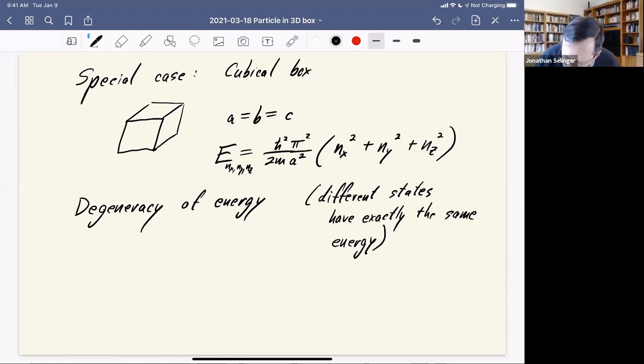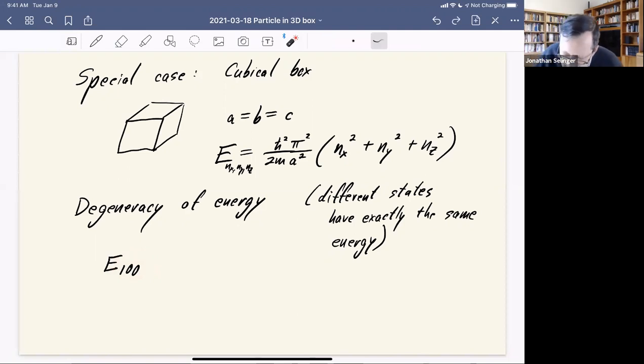Let's think about the energy for state 1, 0, 0. Here I'm going to make up a notation where I have 3 numbers in the subscript. So this is not 100, this is 1, 0, 0. I'm just leaving out the commas.